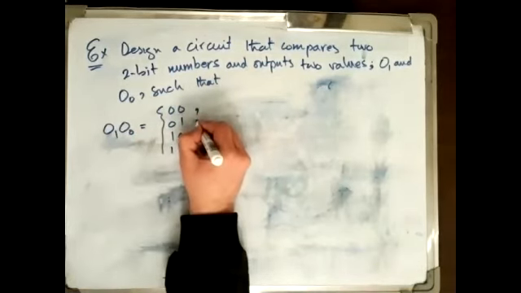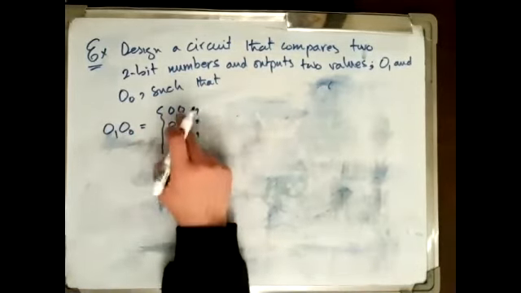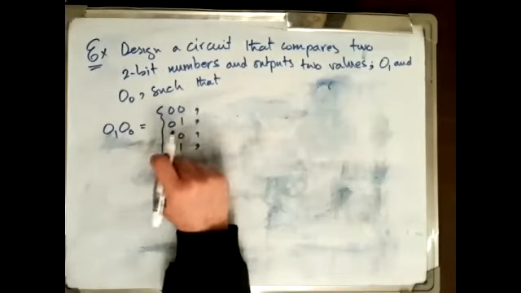So the output is 2 bits. It could be 0, 0, 0, 1, 1, 0, 1, 1.